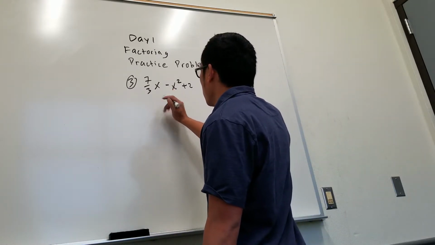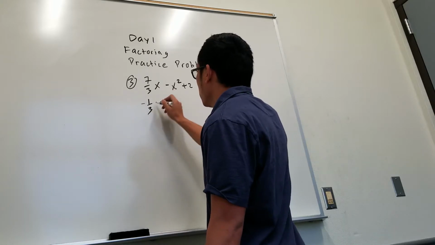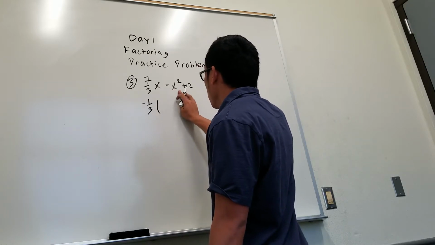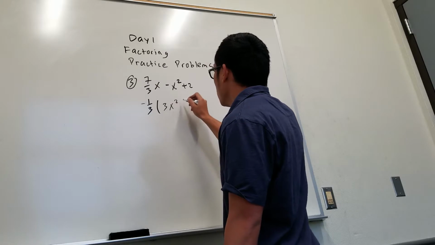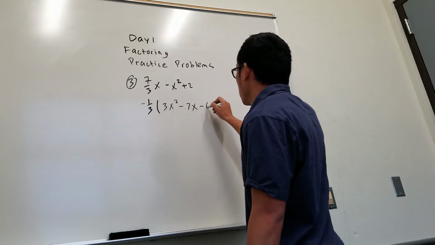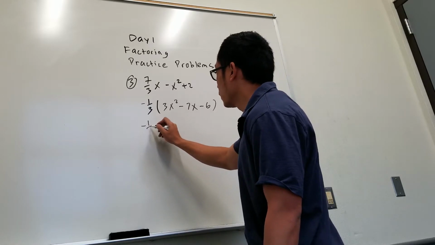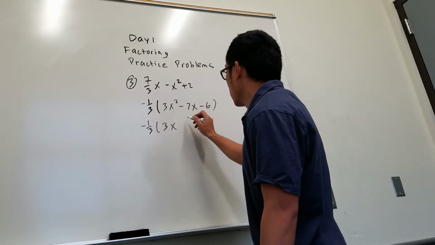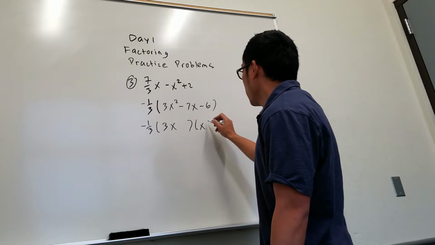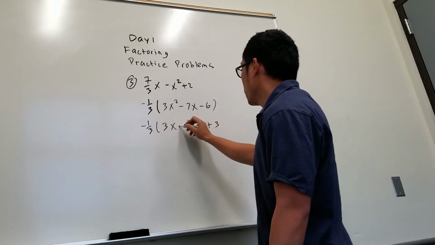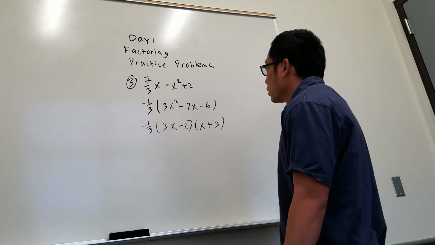In this case, I can factor out a negative, so I'm going to factor out negative 1/3 and bring it to the front. You get 3x squared minus 7x minus 6, right? Now I have to factor this. This is 3x, and this is x. Then you have plus 2 and minus 3, okay? And that's it.